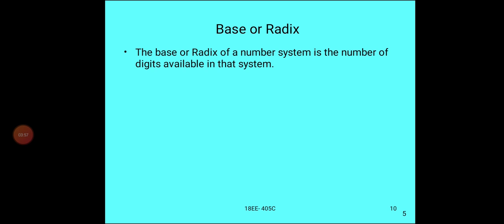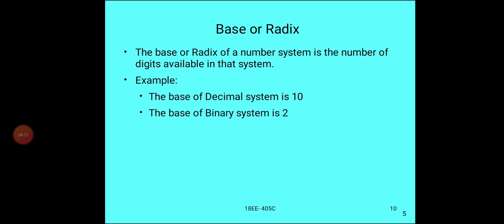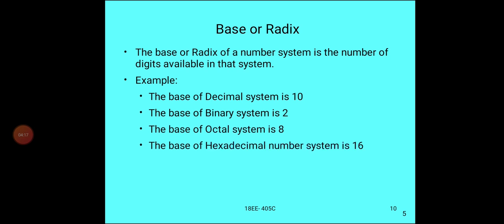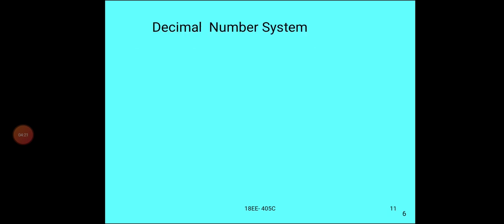The base or radix of a number system is the number of digits available in that system. Example, the base of the decimal system is 10. The base of the binary system is 2. The base of the octal system is 8. The base of the hexadecimal number system is 16.